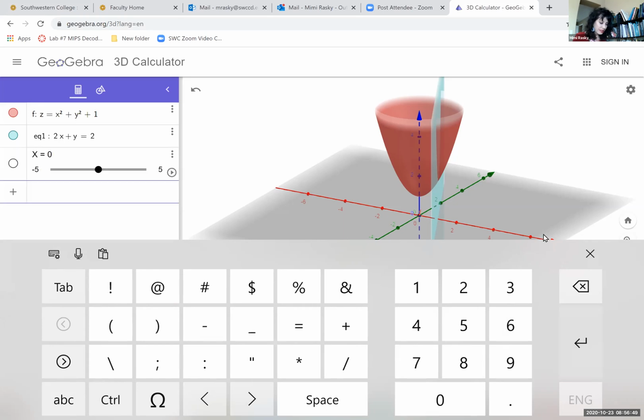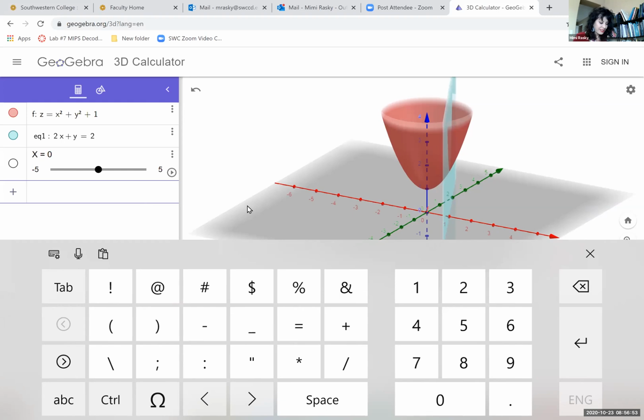Is it going to graph it for me? No, it's not. It's graphing it on a number line. Oh man, this is one reason why I don't like GeoGebra as much as my other tool.